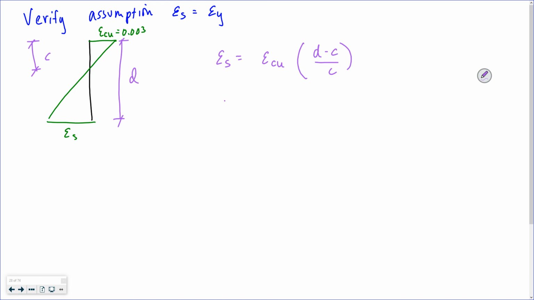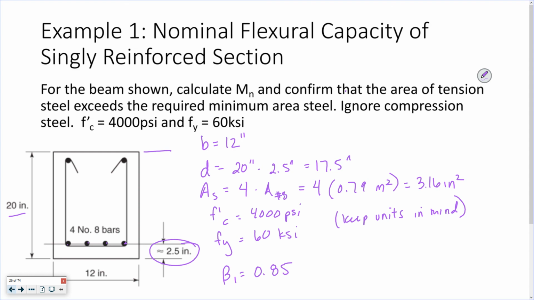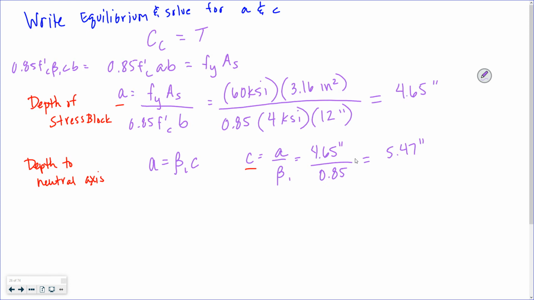So strain in my steel, 0.003 times 17.5 inches. That was my D, right here. Depth to my centroid, remember, not to the tensile steel. But I mean, it's all in a row, so it doesn't matter. But when it's not in a row, you're going to have to calculate that, or else it's given.